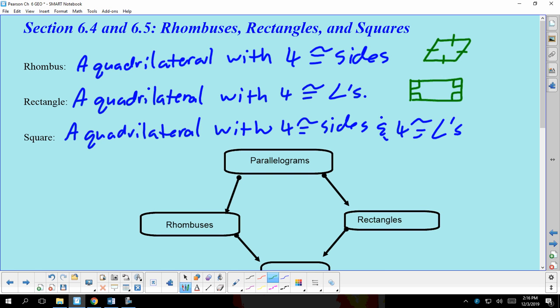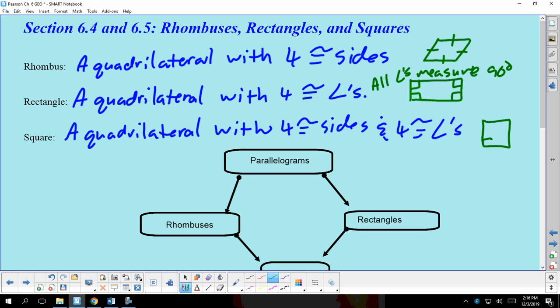If a quadrilateral has 4 congruent angles, what is the measure of each angle? 90 degrees, right? 360 is the sum of all the internal angles, 360 divided by 4 is 90. The 4 congruent angles means all angles measure 90 degrees. And then we can draw a square like this.